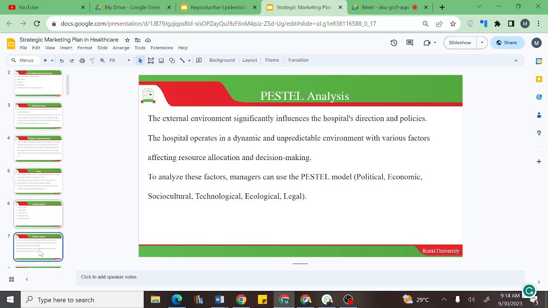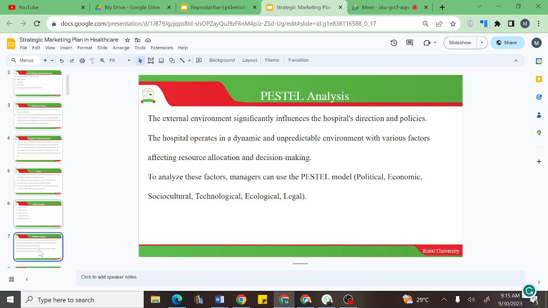The things that are happening, whether social, whether political, whether economic, whether legal, whether ecological, they all affect the operation of healthcare organizations. Okay, so using PESTEL, we can analyze these factors and then influence the direction that the hospital will take.